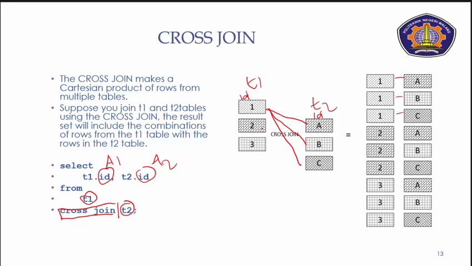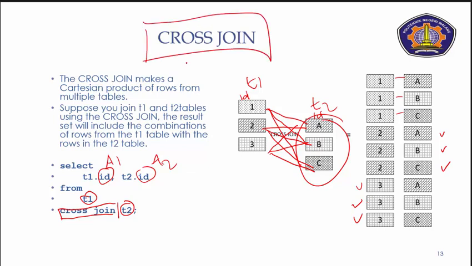Then the other one, 2, we combine with A, B, and C. And for 3, we just combine it with all of these. So this is how the statement works if you use cross join.